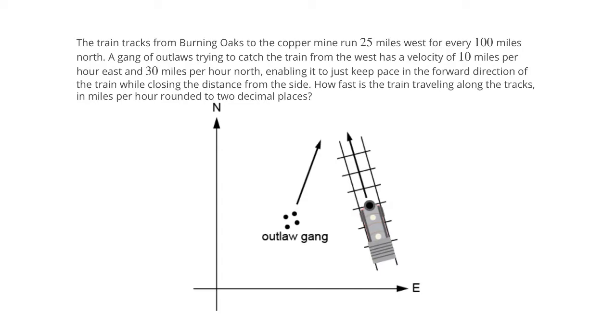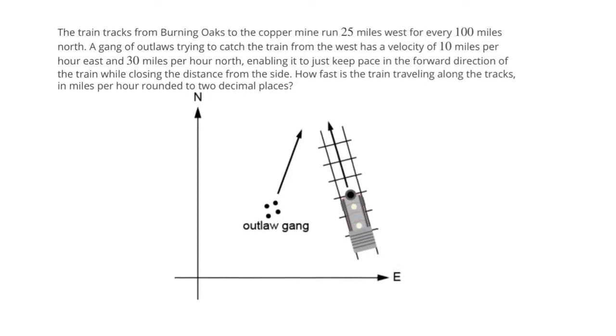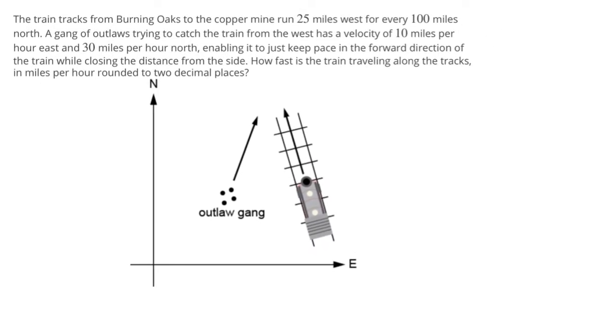Now, in this problem, we're actually given a couple of different vectors. The first vector is for the train track itself, for how that is actually moving. We know that we are going 25 miles west, so our horizontal component is going to be negative 25 for every vertical component of 100 miles that we move. Now we can factor 25 out of that vector, and so we end up with a direction vector of negative 1, 4, which just makes our numbers easier to deal with.